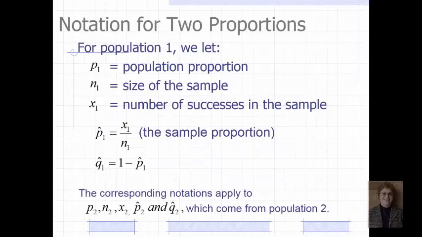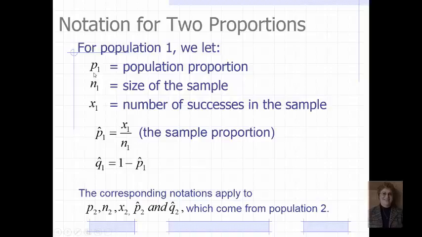Again, we have to have our notation. P stands for the population proportion. P1 stands for the population proportion of population 1. So we're looking at two populations, population 1 and population 2.